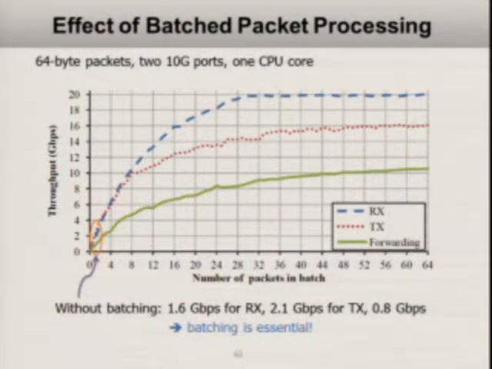So how effective is batching? Here I'm showing you the throughput while varying the batch sizes. The result using a single core is around 1 to 2 gigabits per second for receiving, transmitting and forwarding. But as batch size increases, the throughput increases accordingly, and a single core can achieve 10 gigabits per second for 64-byte packets.